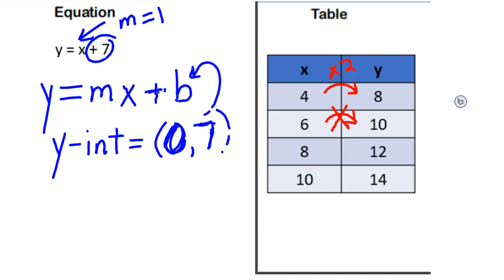So if it's not a times 2 relationship and we're comparing additive versus proportional, the first thing we can do is try to see what else might be happening between the numbers. What kind of pattern is happening? So what am I doing to x to get y? I'm going from 4 to 8, from 6 to 10, from 8 to 12, from 10 to 14.